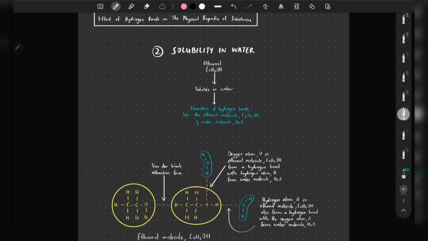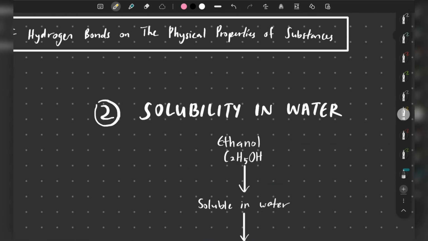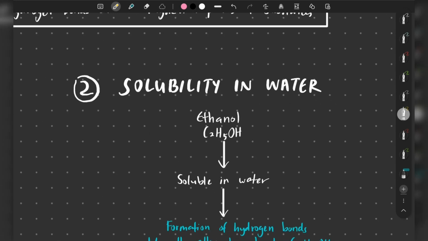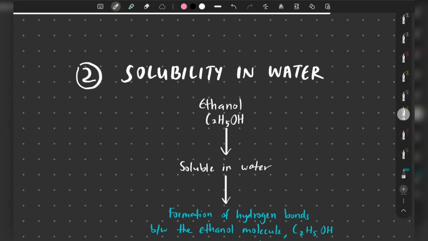For our next effect of hydrogen bond on the physical properties of substances, we are going to talk about the solubility of substances in water. Again, we are going to use ethanol as our example. As you might know or not, ethanol is soluble in water.